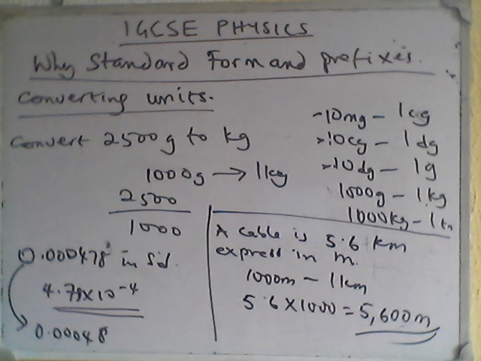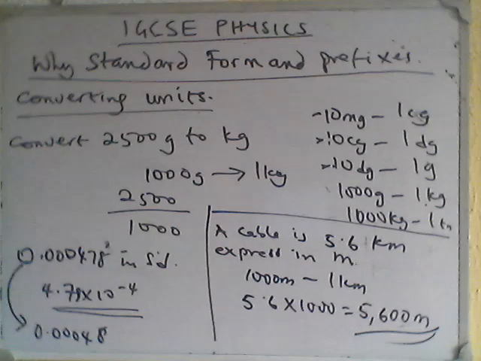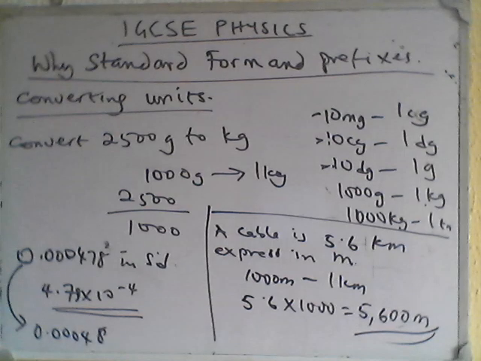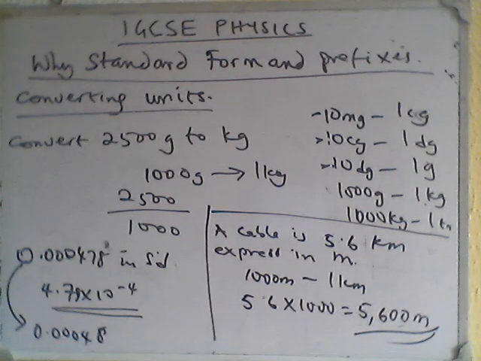I'm going to quickly summarize what we've done today. Always work in SI units. SI units means System International. Convert before calculating. Secondly, use standard form for large and small numbers, so know how to convert it. Then prefix notation, like kilo for 10 raised to the power 3, and so on.